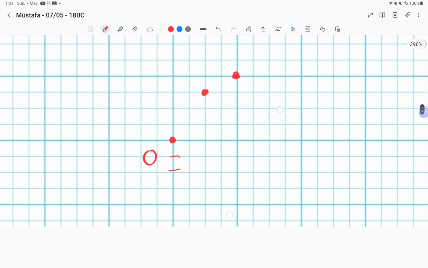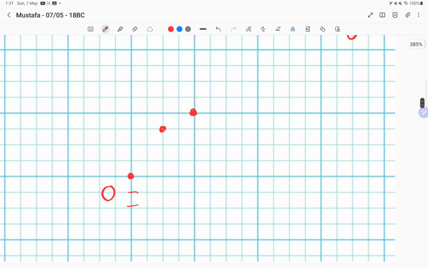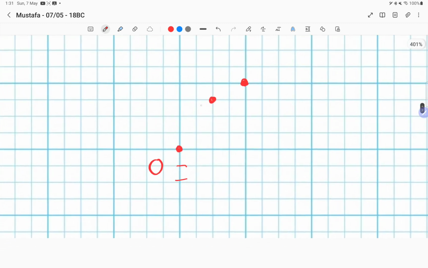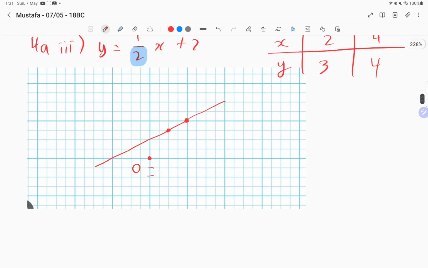So what you can pay attention to is the gradient. So the gradient is 2 right, 1 up. Normally when you have a ruler, it will be a bit easier to sketch these ones out. But as long as you keep the gradient 2 to the right, 1 up, then you should be able to basically sketch a line, something like that.